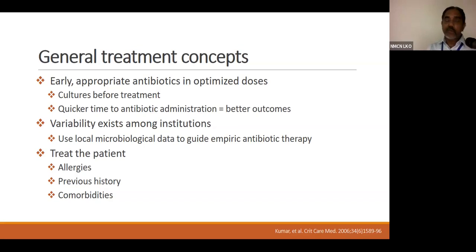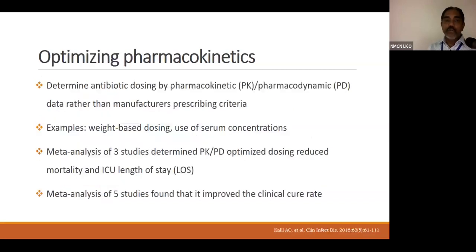And history of allergies, previous history, and comorbidities should be taken into account. So to optimize pharmacokinetics, one should know whether the antibiotic which you are giving is a concentration dependent antibiotic or a time dependent antibiotic.